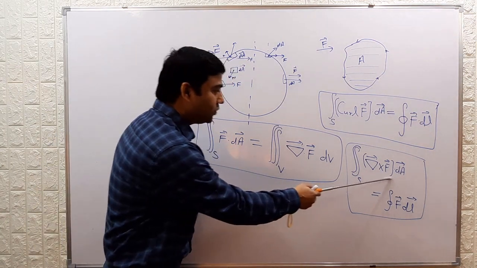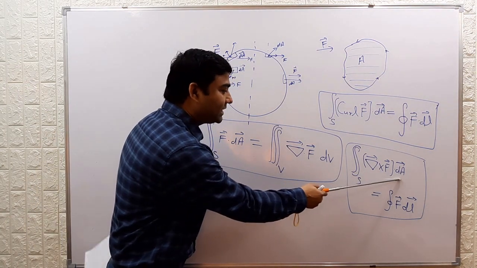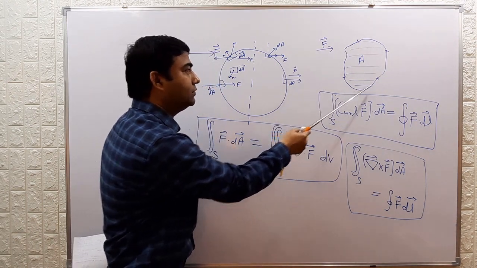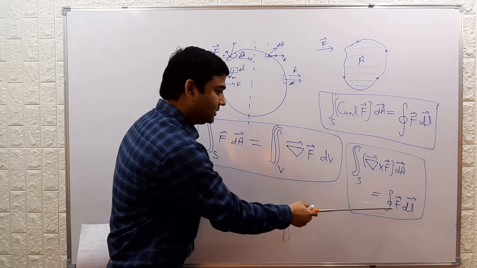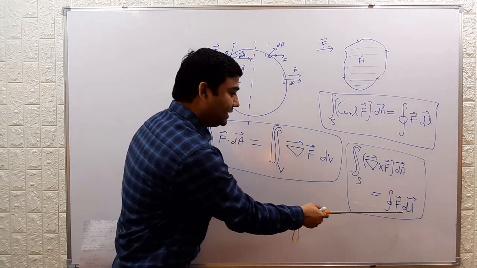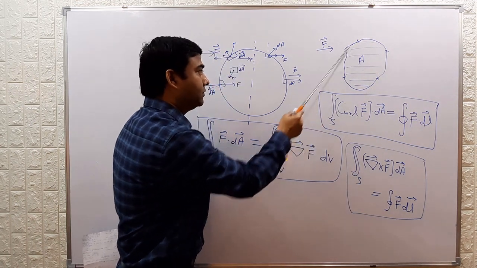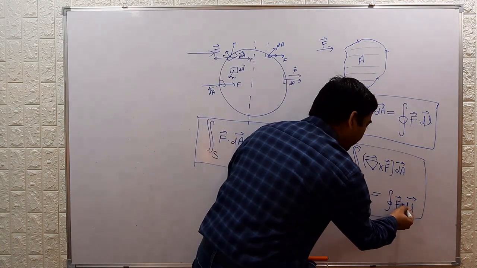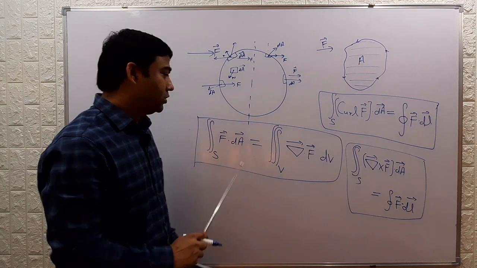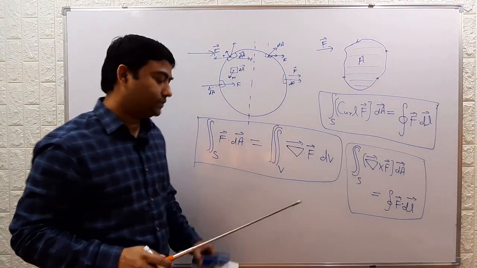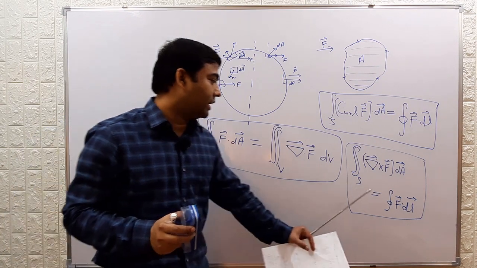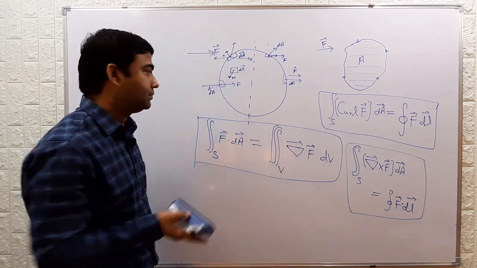This is the flux of the curl of the vector field throughout the area enclosed by the given curve. Then this is the circulation, which is line integration in this closed curve for a given field F dot dl. So these are the two statements: Gauss divergence theorem and Stokes' theorem.